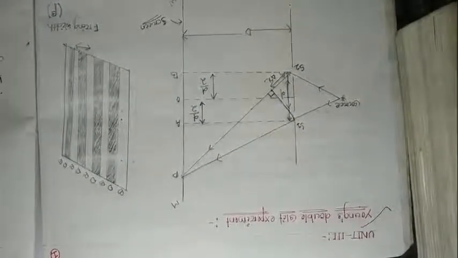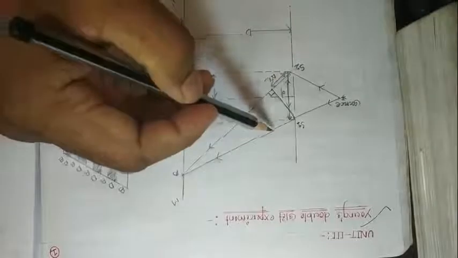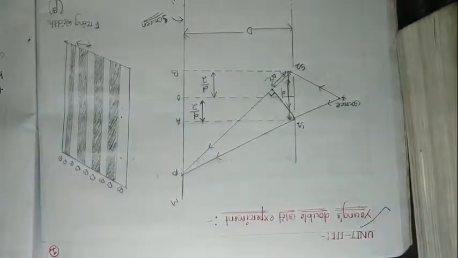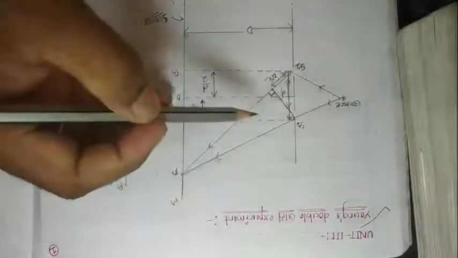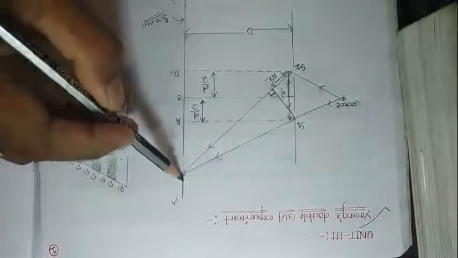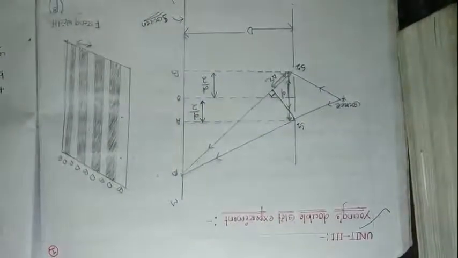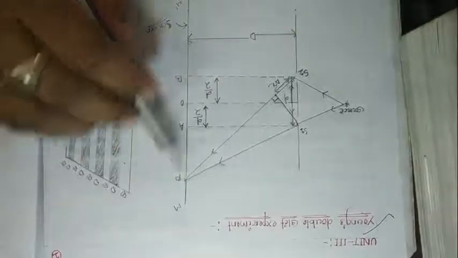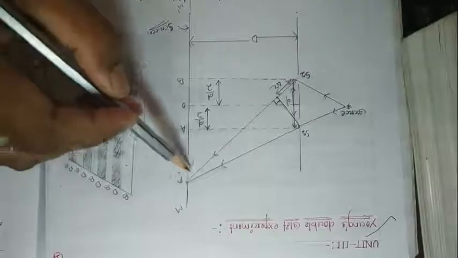Now, on the basis of the path difference between S1P and S2P, this point P may be bright, may be dark.